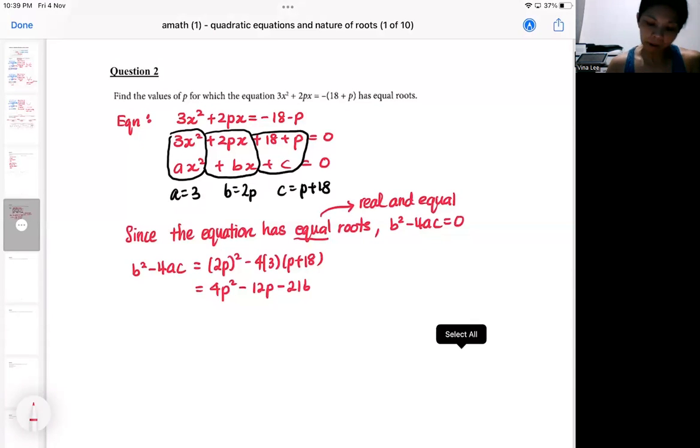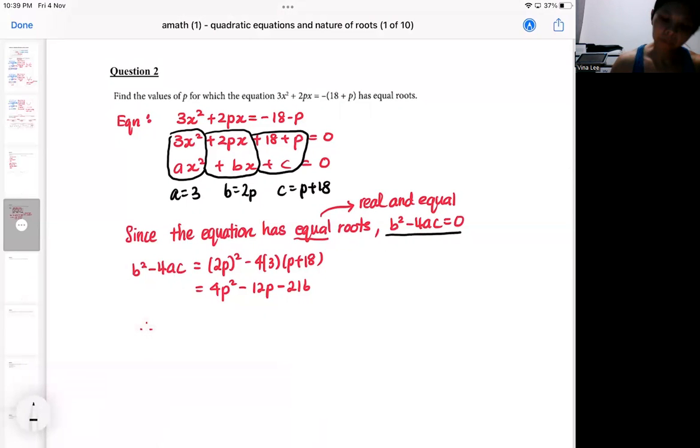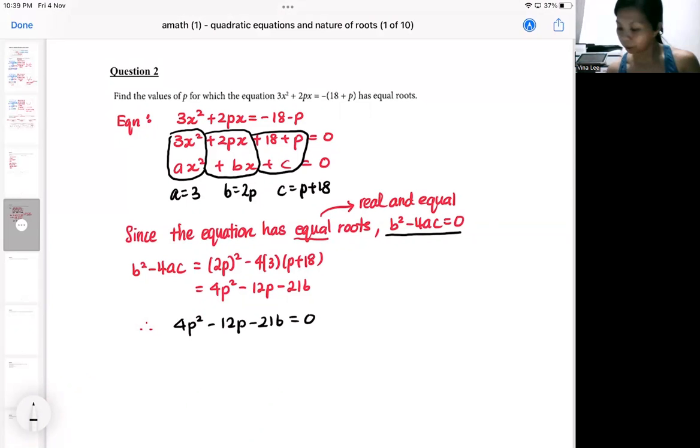And my discriminant is going to be equal to 0. Therefore, the whole expression will be equal to 0. So you end up with a quadratic equation in p. So you do as you usually do. How are you going to solve a quadratic equation?